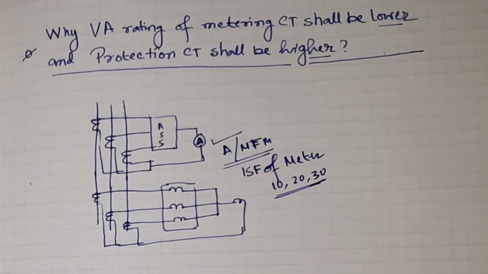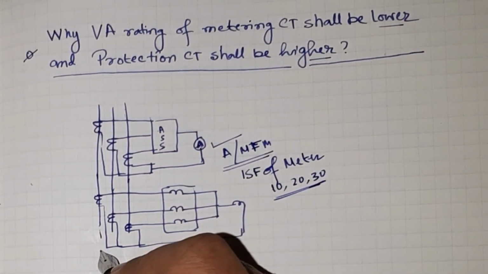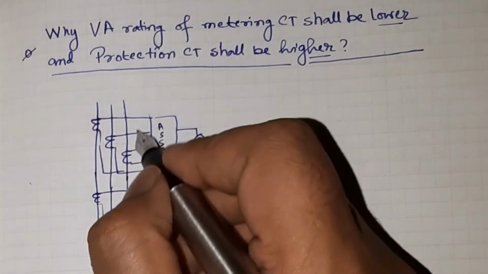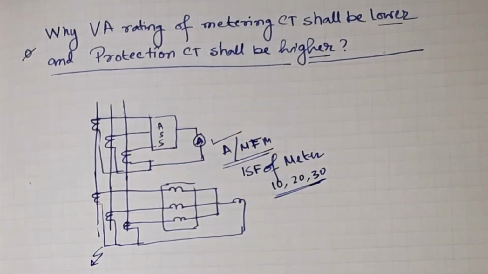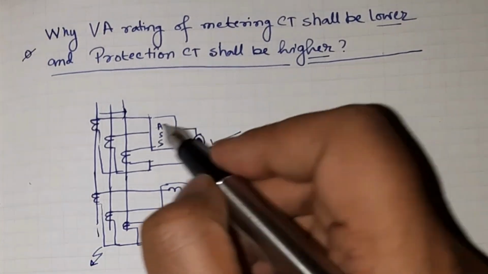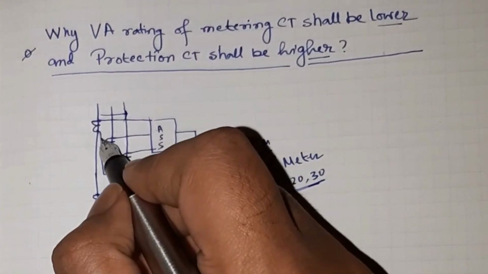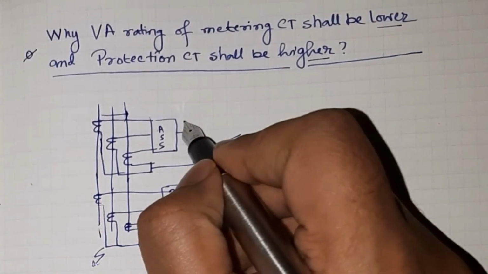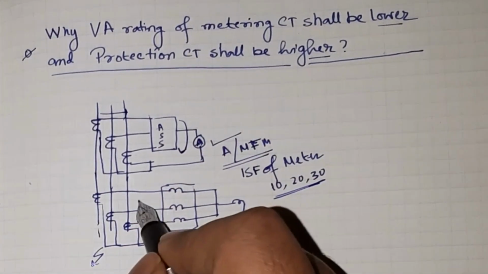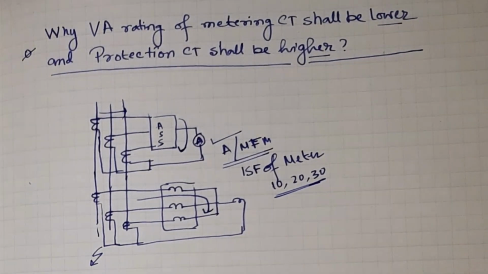So if a fault occurs here, high current will flow through the primary and hence high current will flow through the secondary. When high current is flowing through the secondary, for a metering class CT the high current will go through the meter, and for a protection class CT high current will go through the relay.